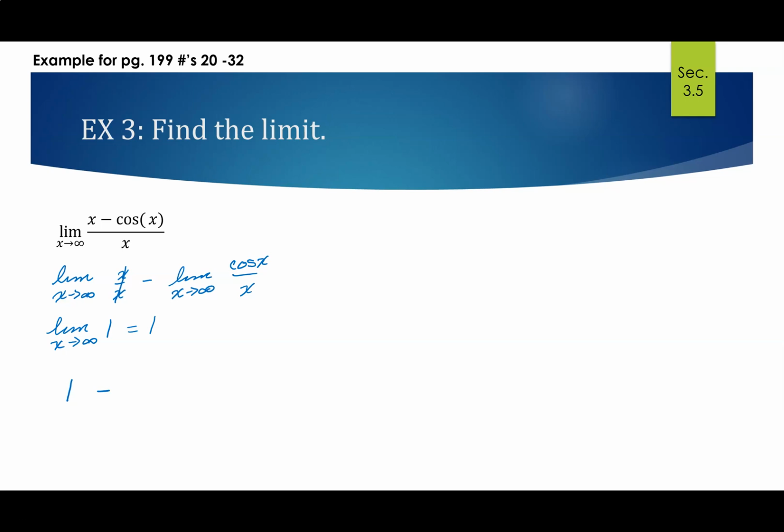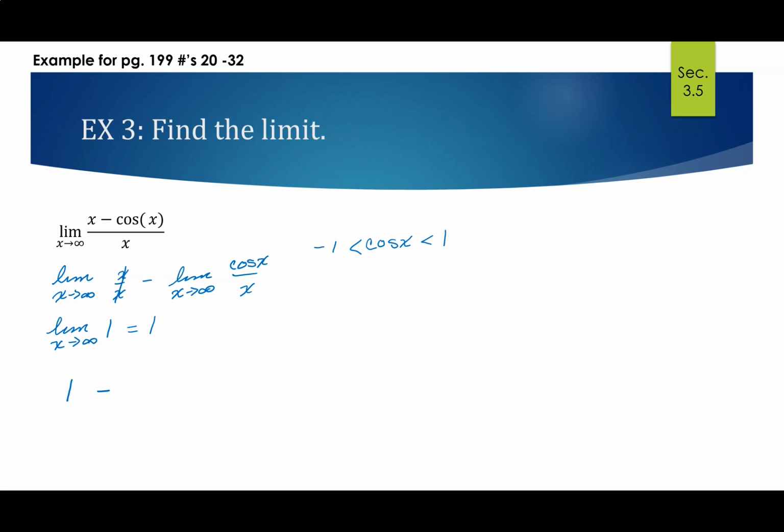So looking at cosine x over x, I want to lead you back to the squeeze theorem that you learned in chapter 1. We know that cosine x fluctuates between a max of 1 and a minimum of -1.